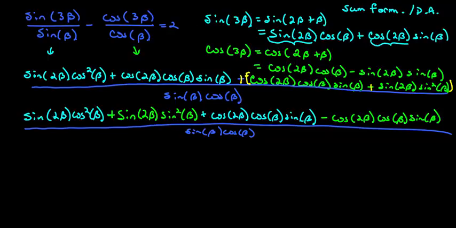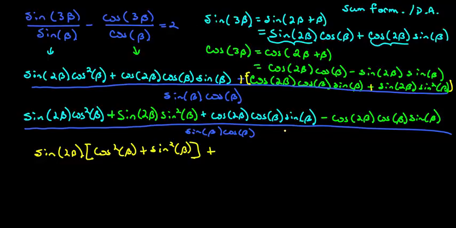Okay, so again, we'll factor out in the front here. We're going to factor out a sine 2 beta, and then we're left with cosine squared beta plus sine squared beta. This is going to be 1, so we're going to be good there.